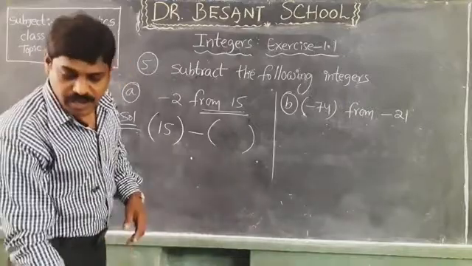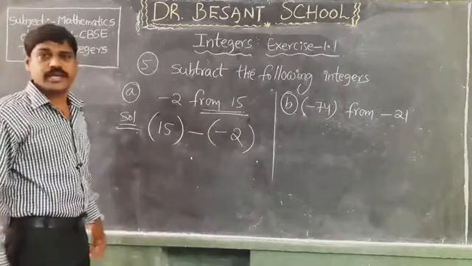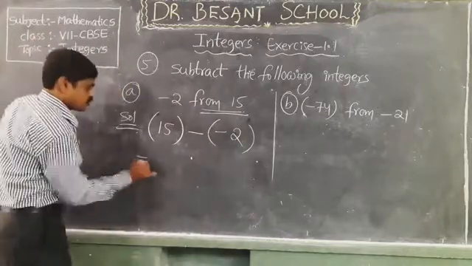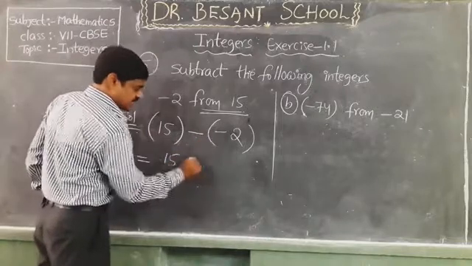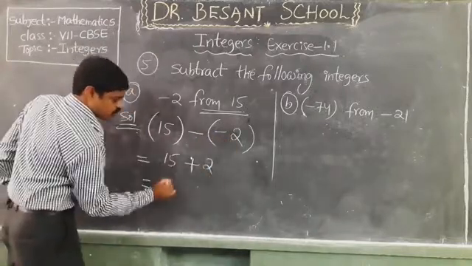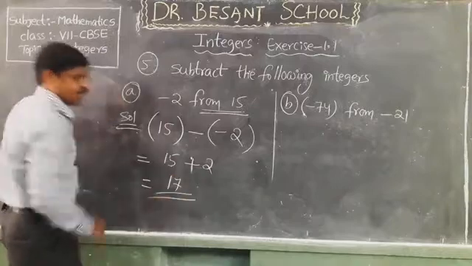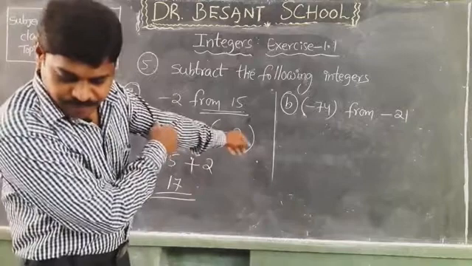Minus 2 we have to subtract. So we have to write minus 2 here. Next, result 15. We know that minus into minus is plus 2. So 15 plus 2, 17. So this is A.